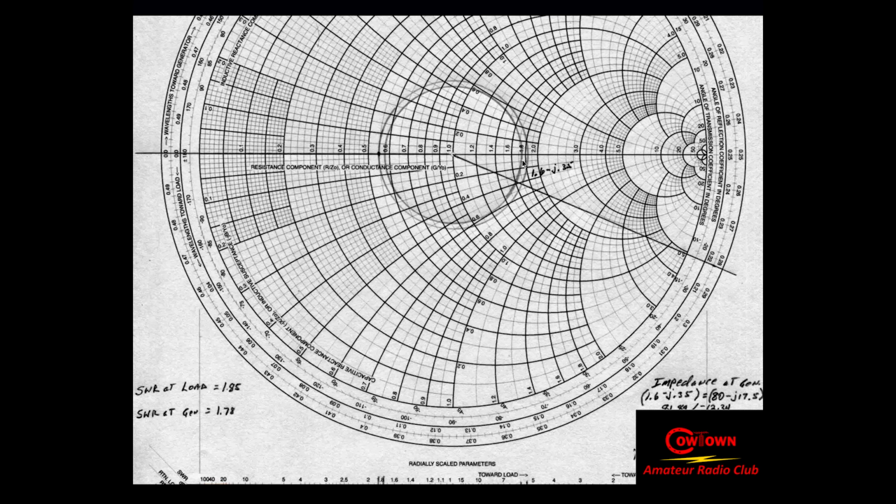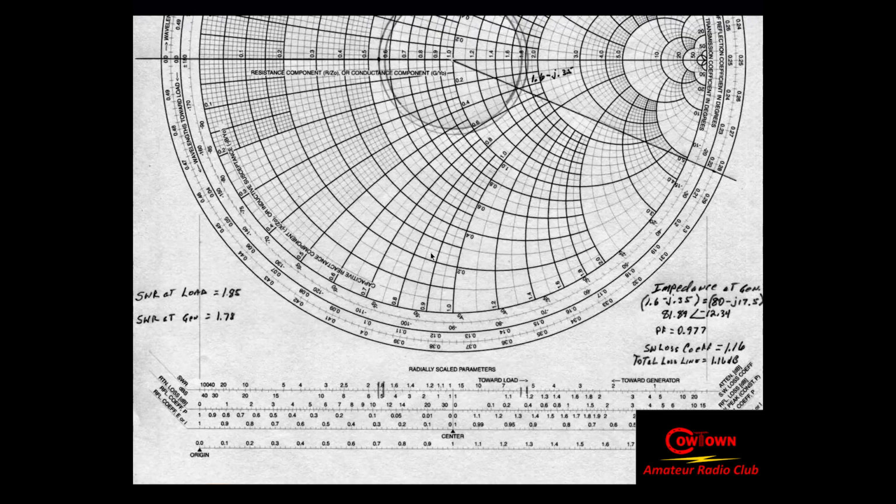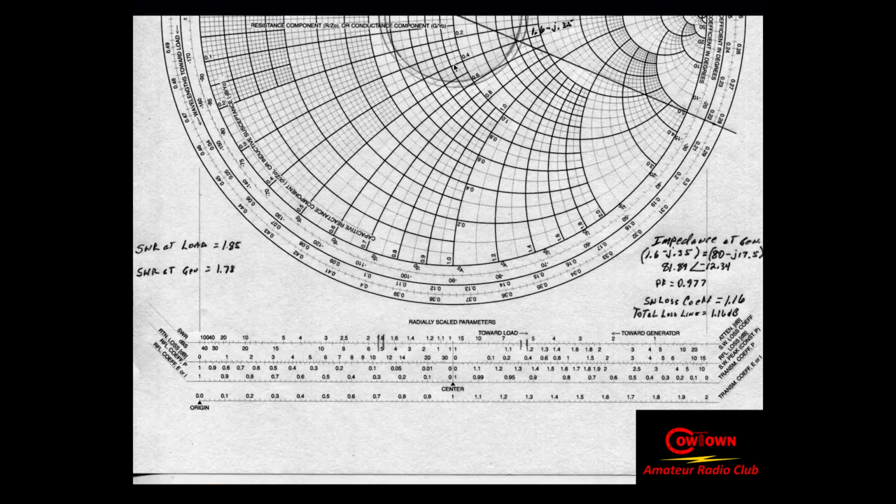Then I draw this inner circle with my compass. I'm sorry, I guess it's 0.62, something like that. And then I'm going to go down here, and I'm going to take this same radius, and I'm going to mark off the SWR, and I'm going to mark off the step attenuation point.